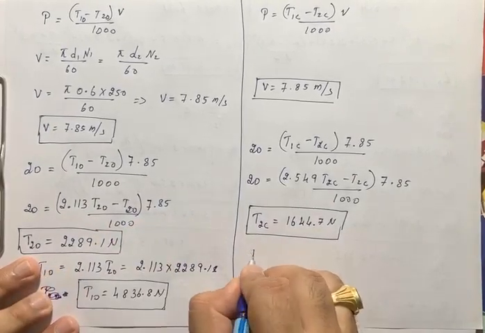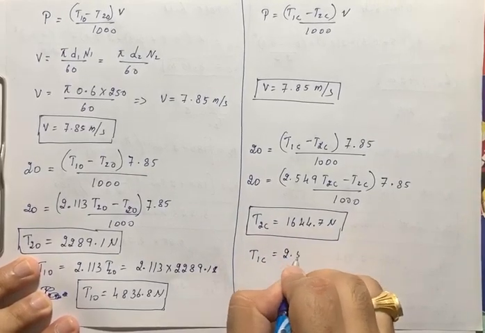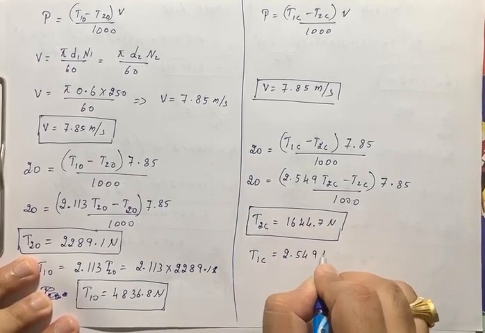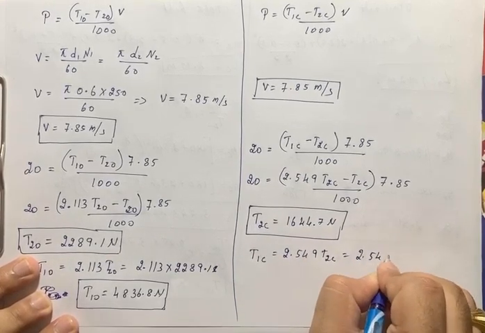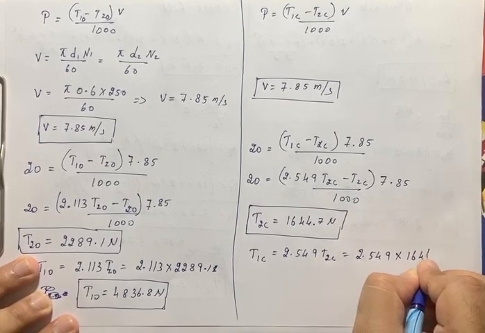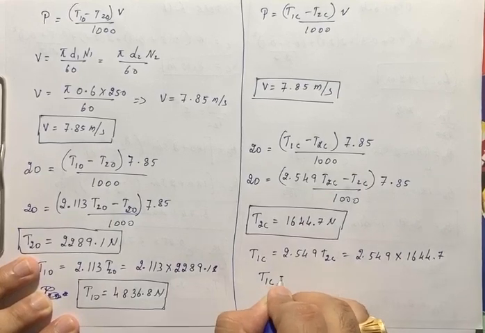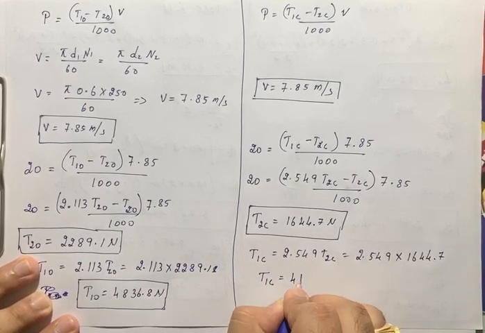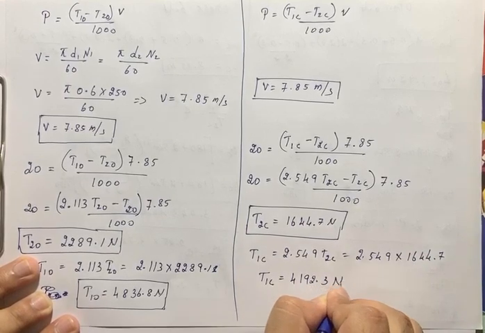So T1C is 2.549 T2C, that is equal to 2.549 into 1644.7. So we have T1C as 4192.3 Newton.